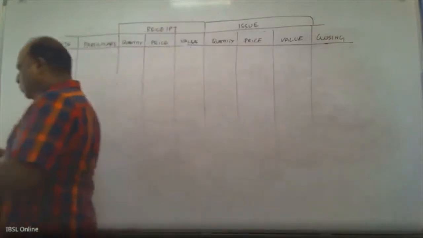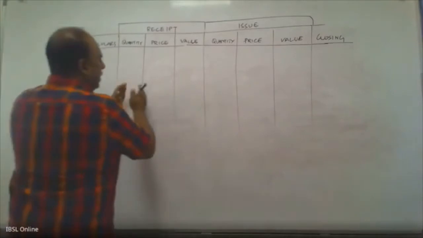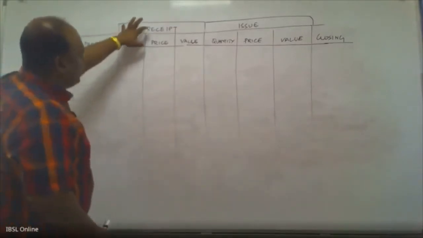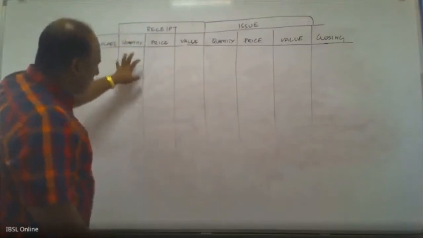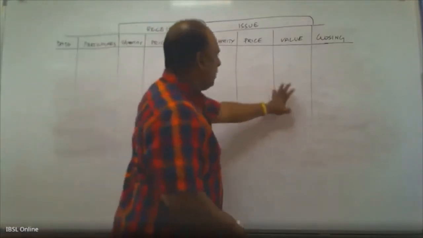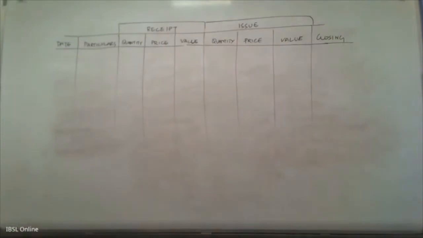You can do it like this also by differentiating it. You capture the same information, but you record the receipts separately in 3 columns and the issue separately in 3 columns. Okay, you can do it that way also. Just think about it.